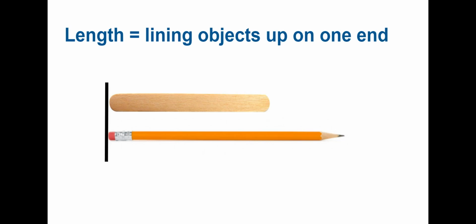The main emphasis will be on ensuring that students have a solid understanding of the same starting point for both objects, so it is obvious where the ending points are to see which objects are longer or which are shorter.